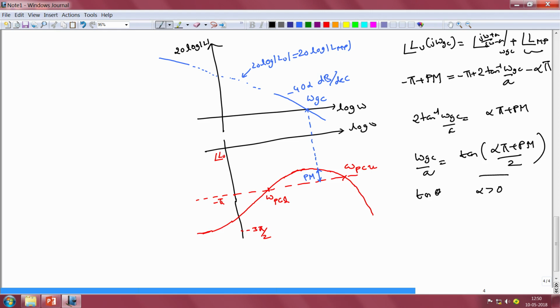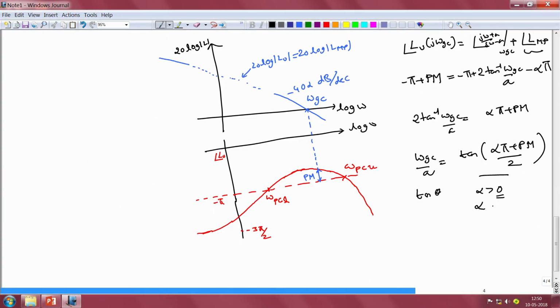So there is a lower limit to the gain crossover frequency that happens when alpha assumes the smallest value that it is permitted to assume, and if we note the fact that alpha has to always be greater than 0 in order for the gain to cross over, or in other words in order for the magnitude of the loop gain to change from some value greater than 0 dB to some value less than 0 dB, we note that the minimum possible value for alpha is going to be some value close to 0 but slightly larger than 0, which I have indicated as 0 plus.